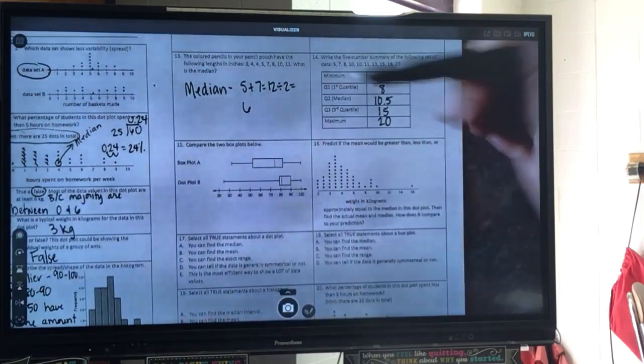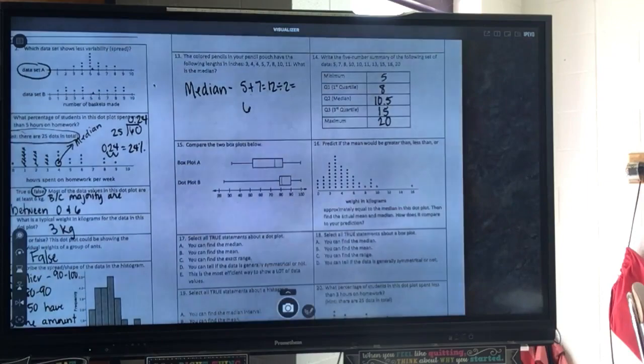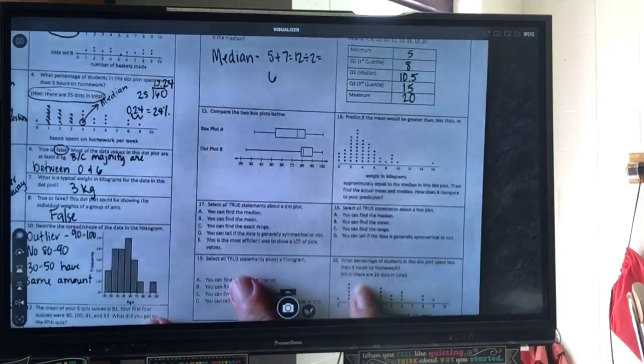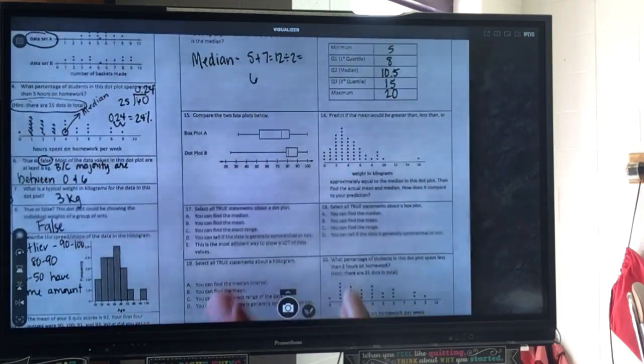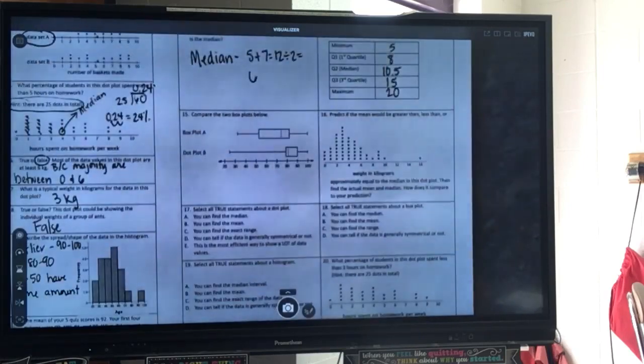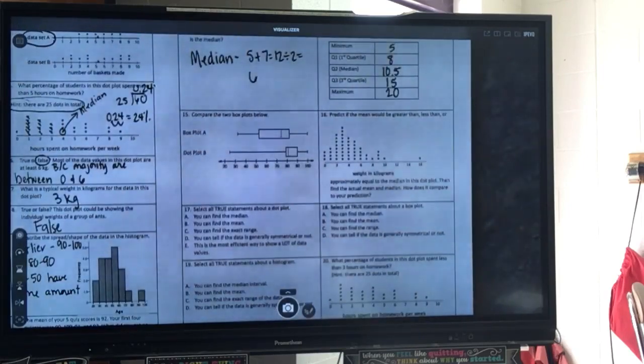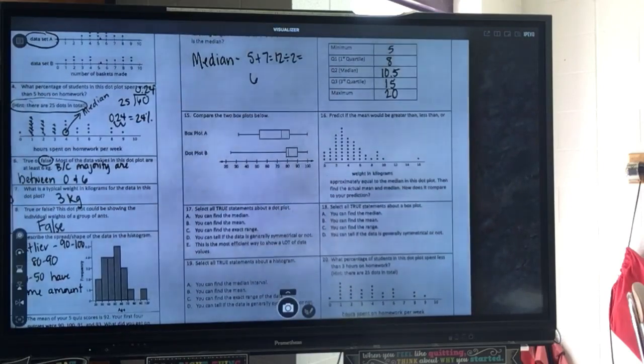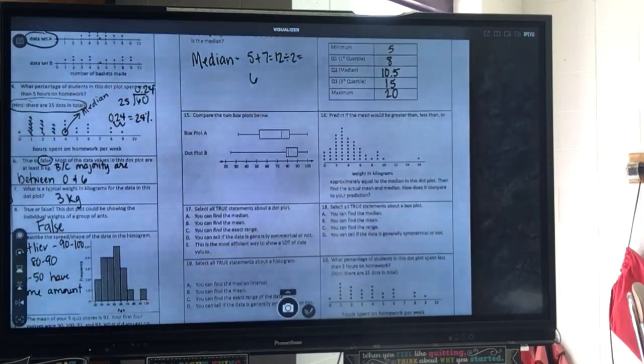Alright, so this one's saying compare the 2 box plots. Not necessarily a right or wrong answer here, it's just what you see and how you compare them. So, what's one thing you wrote? B has a greater range than A. Here, Jenna.